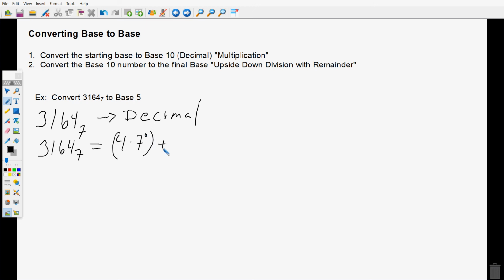Move to the next digit, which is 6. That'll be times 7 to the first. Then I take the next digit, which is 1. That'll be times 7 to the second. And the next digit, which is 3, and that'll be times 7 to the third.